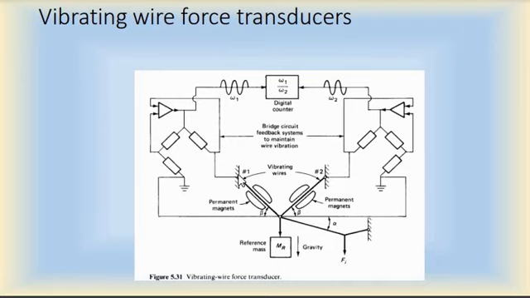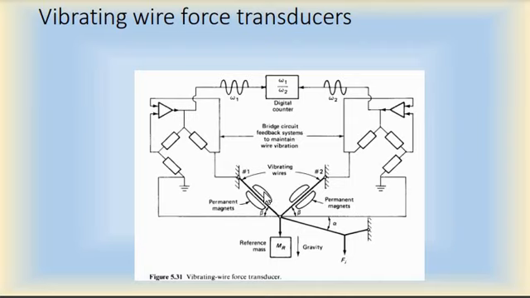As these wires are placed in the field of a permanent magnet, they act as a velocity to voltage transducer, that is, velocity or vibration to voltage conversion is taking place here.